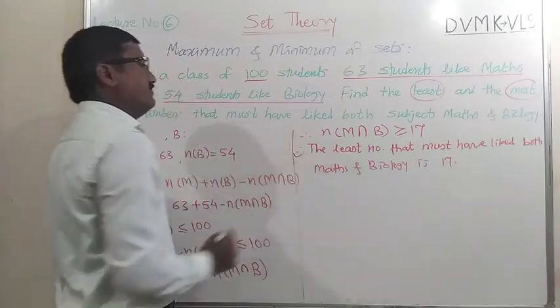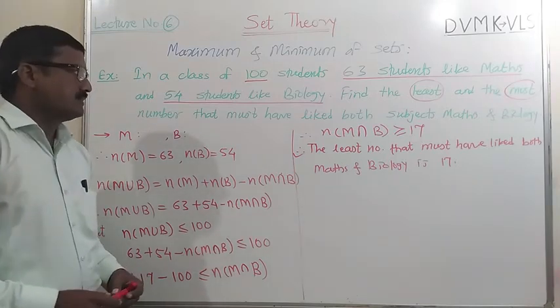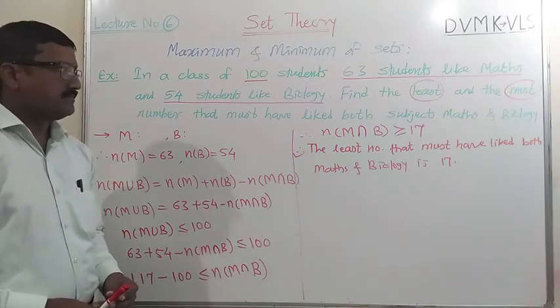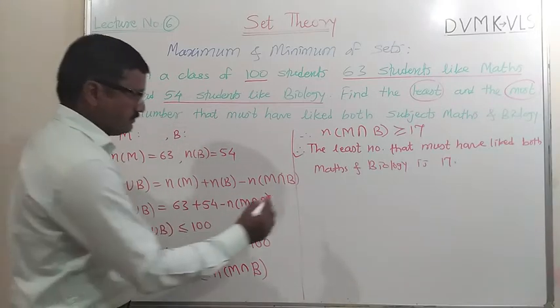That is our first answer, the least number of students. Now let us try to find the most number of students who like both subjects, maths and biology.